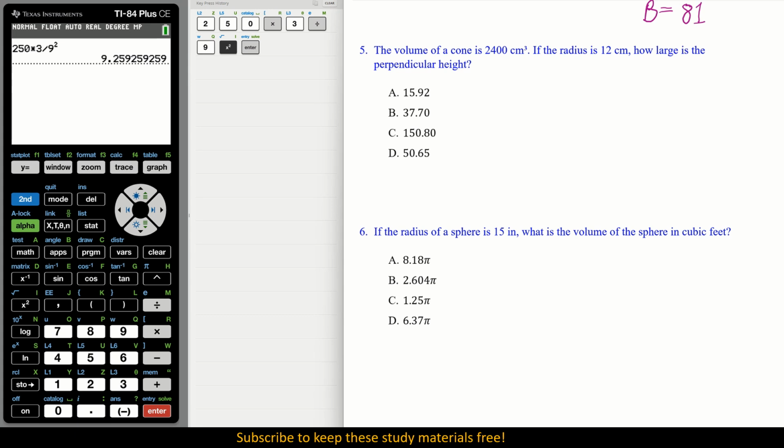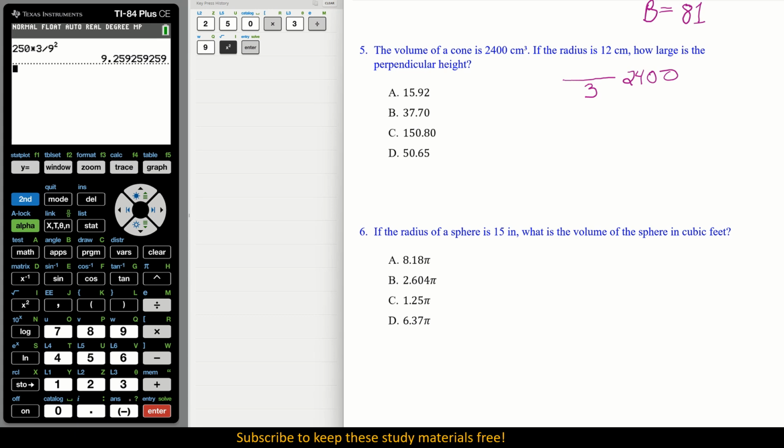Let's see, the volume is 2,400. Okay, and we divide by 3, but we need base times height. So what are we going to do here?